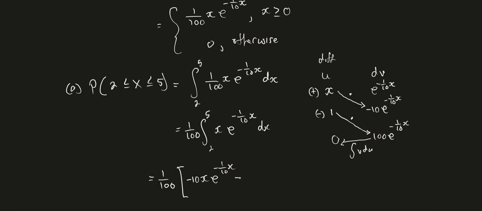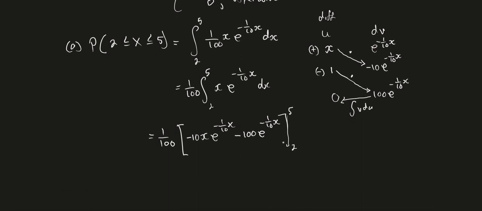So I end up with negative 100 e to the negative 1/10 x. And again, I can ignore that part because that would essentially end up giving me my plus c, but I don't need my plus c because I have a definite integral. So this is from 2 to 5.